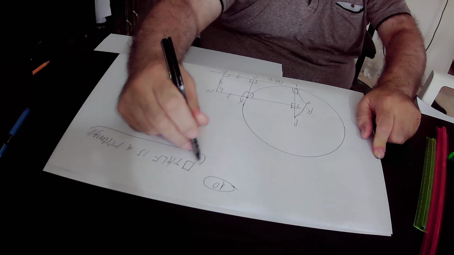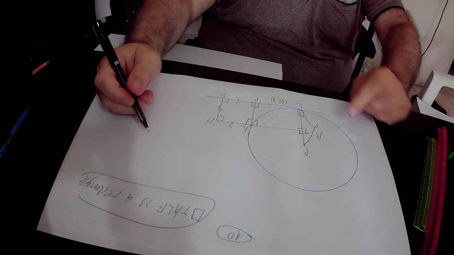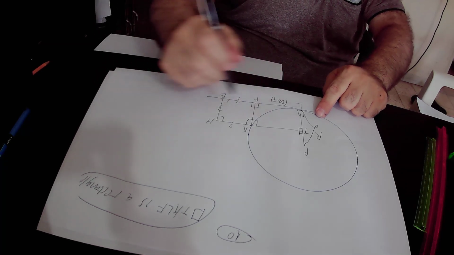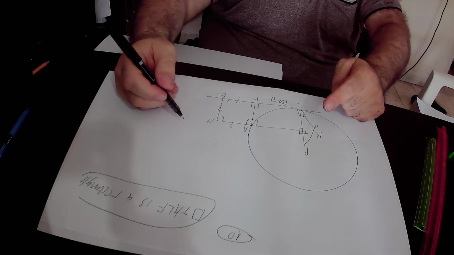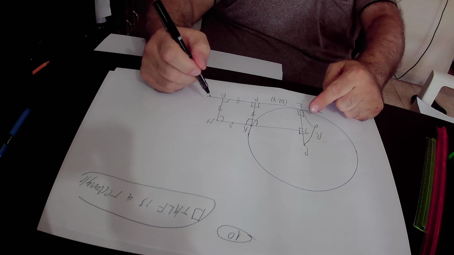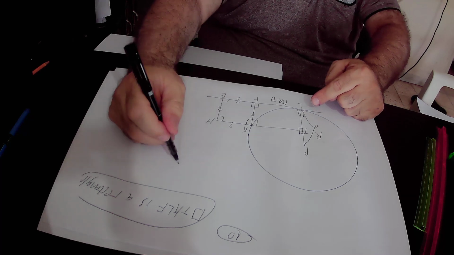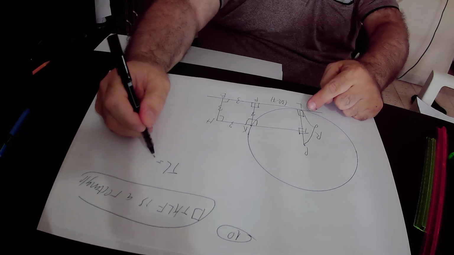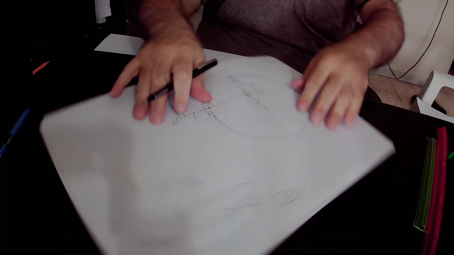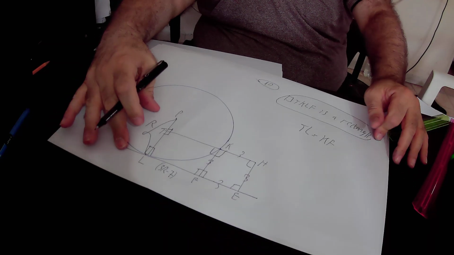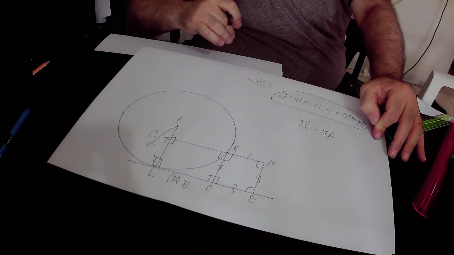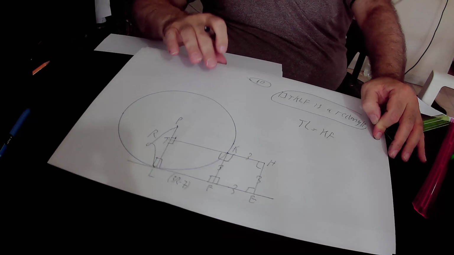And we know that the opposite sides of a rectangle are equal to each other. So that is to say, TL equals KF.